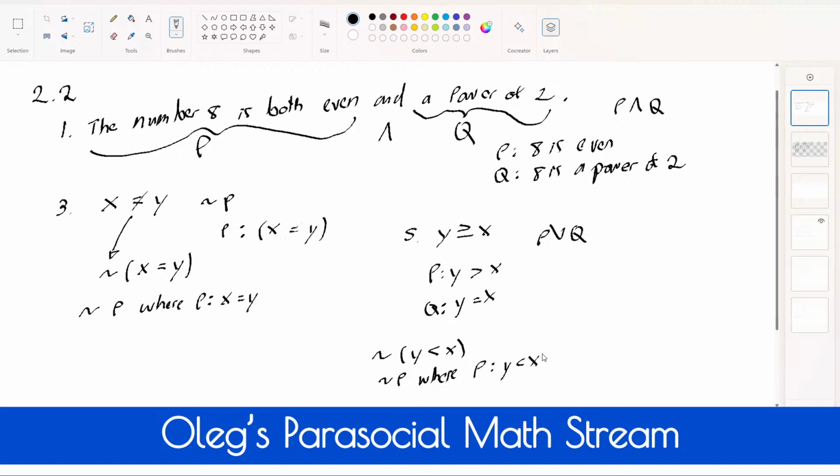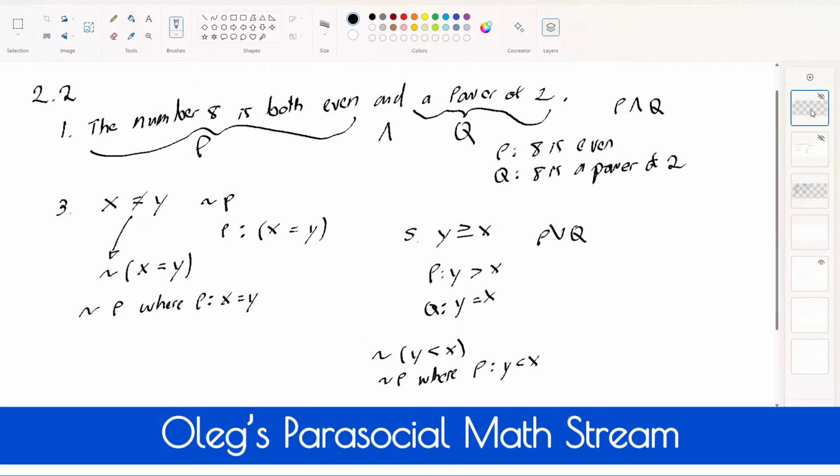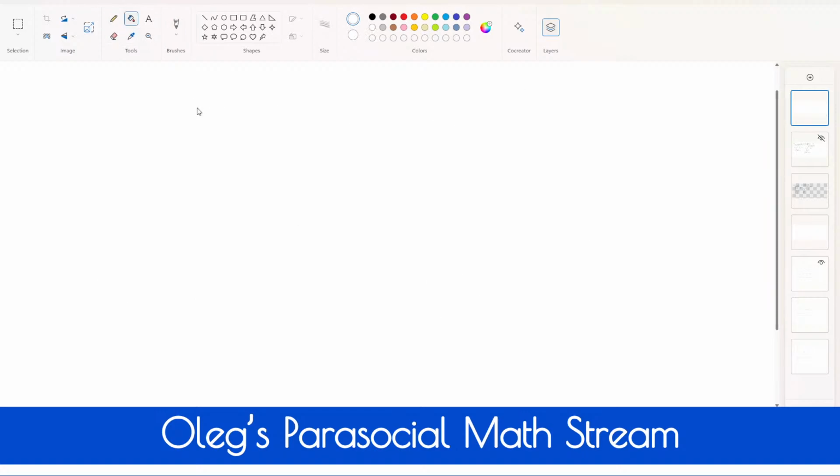Let's go to 7. Okay, so the number x equals 0, but the y does not.